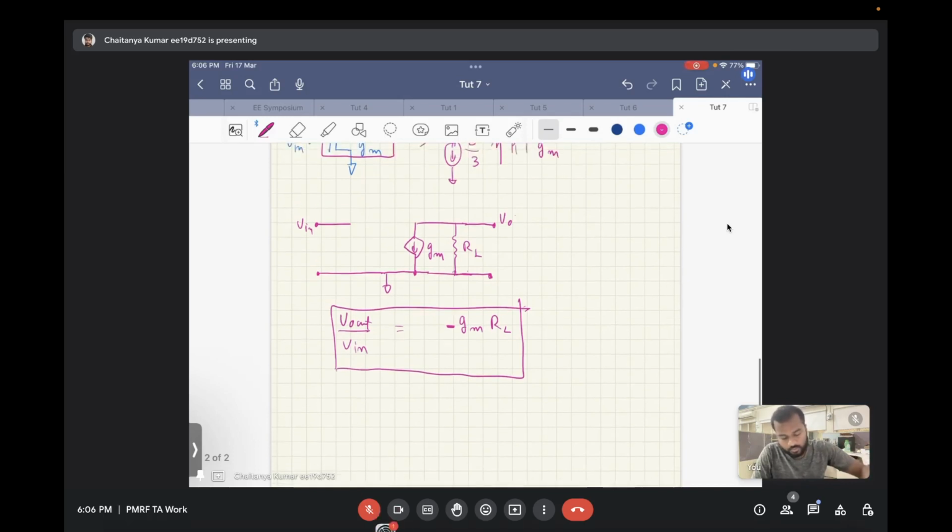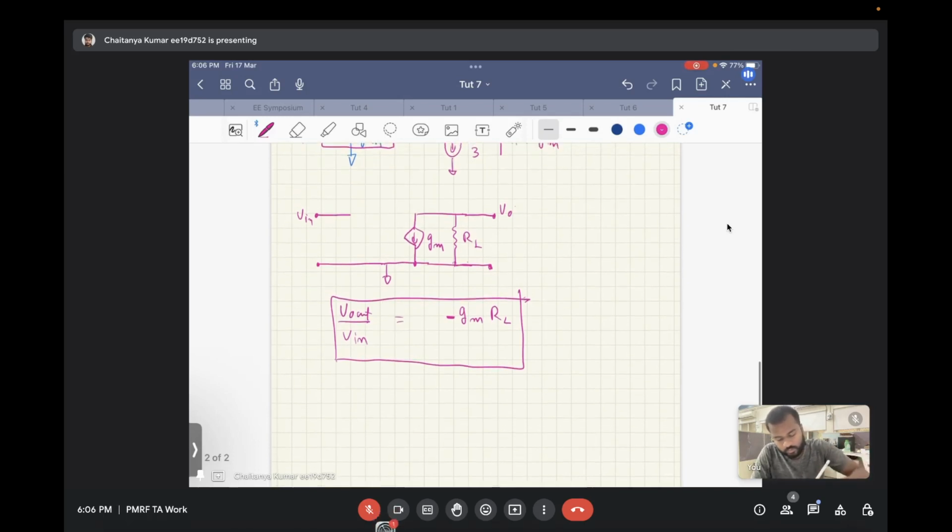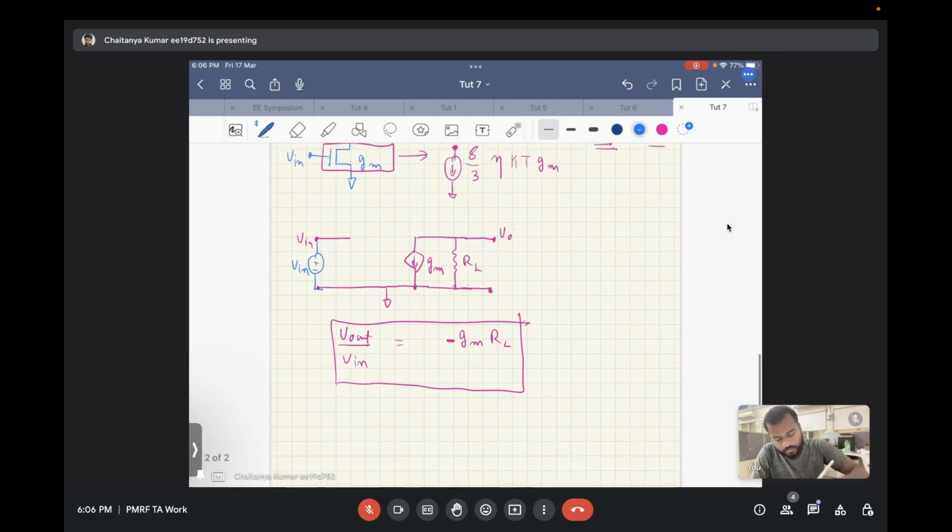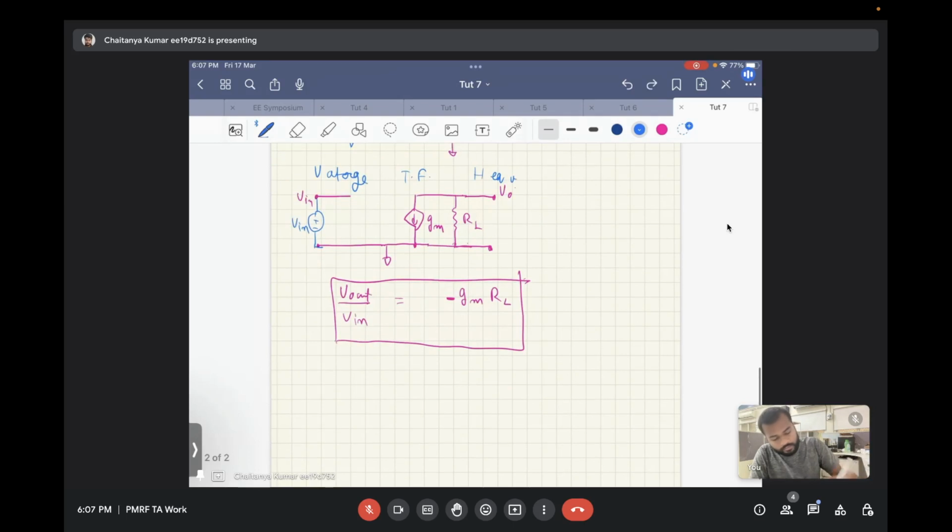And as far as the input current source to the output is concerned, in this case we had a voltage source over here, Vin, and so this was the voltage transfer function. Let's call it H equivalent V.